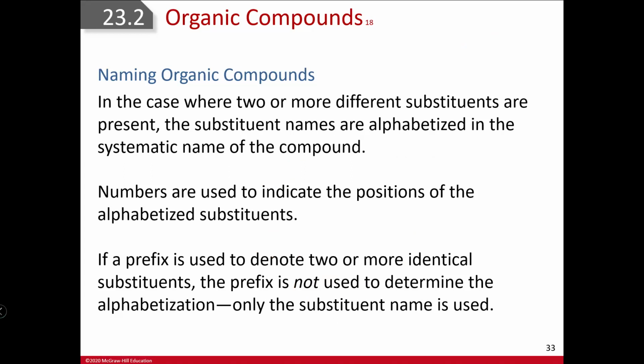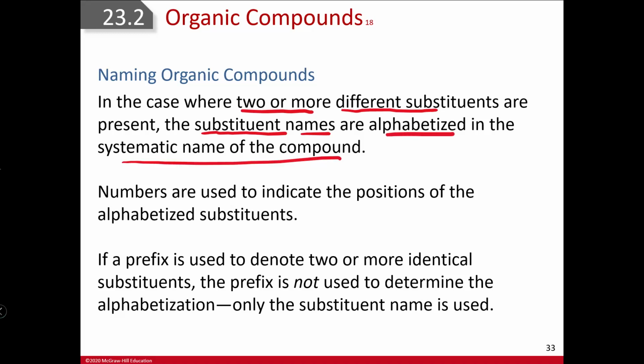All right, this is an important slide because this is what happens when you have some things that just make it a little more challenging. It says, in the case when two or more different substituents are present, the substituent names are alphabetized in the systematic name of the compound.